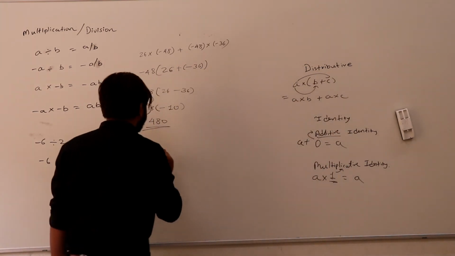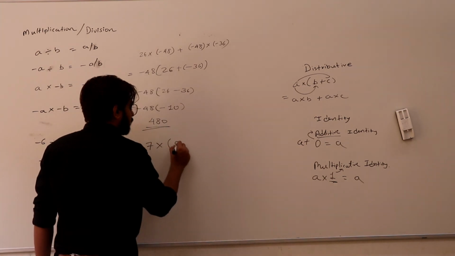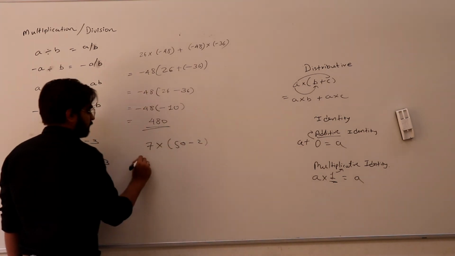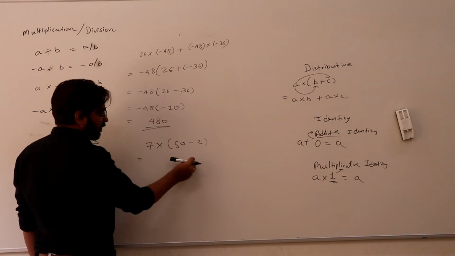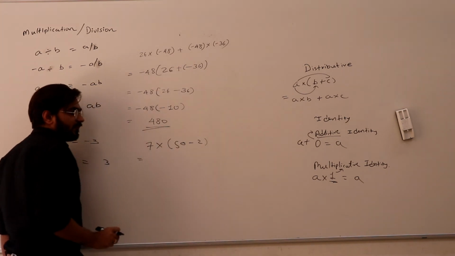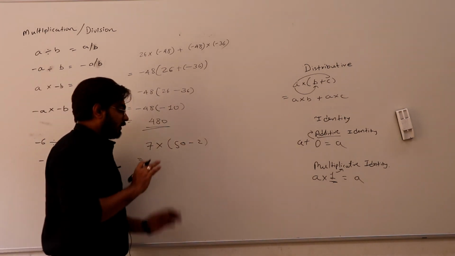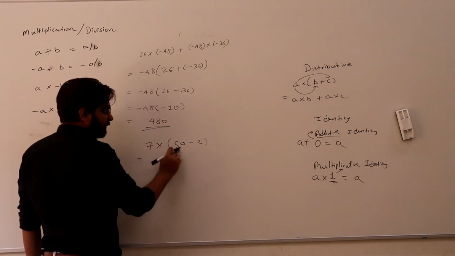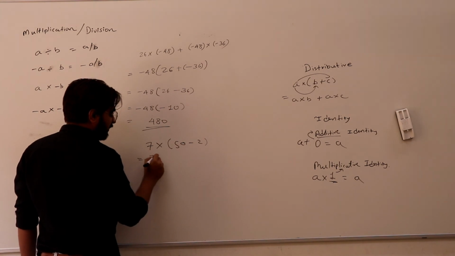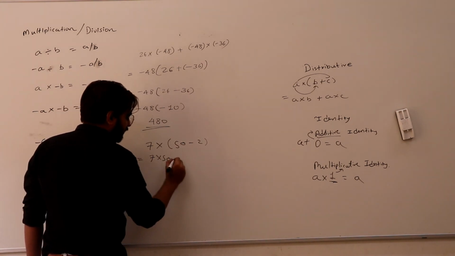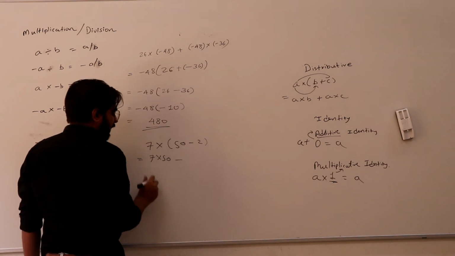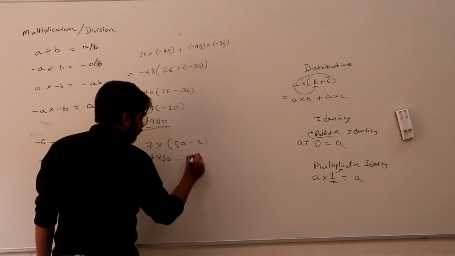Sometimes, see, if I do 50 minus 2 first, it will be 48. 48 multiplied by 7 will be quite tough to do, rather than multiplying 7 with 50. So I will go for 7 into 50, then the middle sign is minus, 7 into 2.